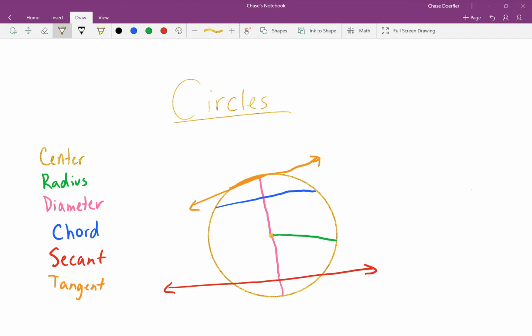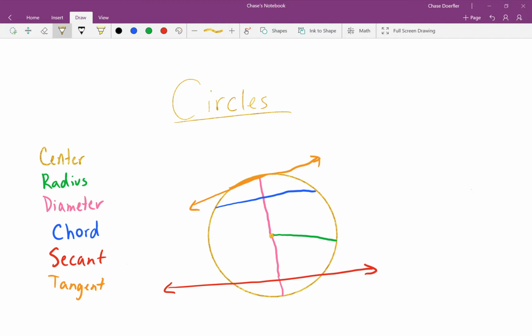Now, the first one is the center, which is the gold dot in the middle of the circle, or the gold point, should I say, to be more in geometry terms. And the circle is actually named after the letter of the center.